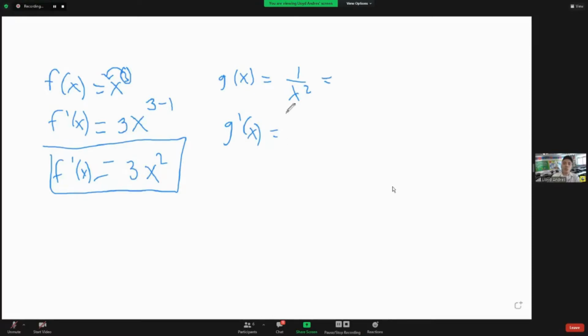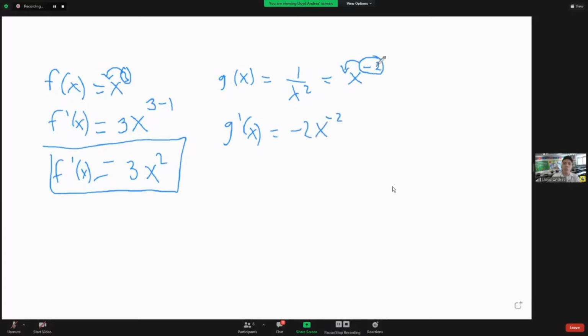So this can be written as x raised to negative 2. Since it is now in exponent form, we can apply the rule: the exponent becomes the coefficient, so negative 2 x raised to negative 2, and we subtract 1 from the original exponent.